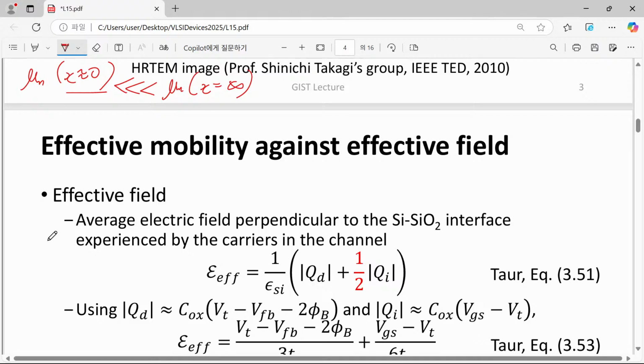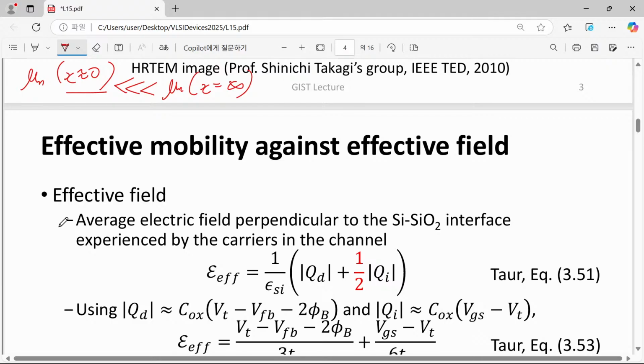So if you are interested, then please keep studying. However, in this lecture, I think it is enough to show you the rough surface. So maybe your electron is quite close to the interface. It feels that rough interface, and that rough interface works as an additional scattering mechanism to reduce the electron mobility.